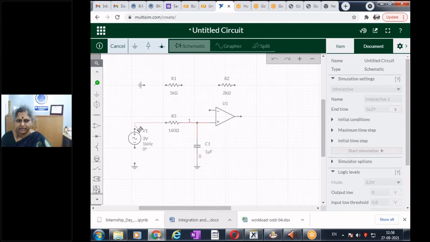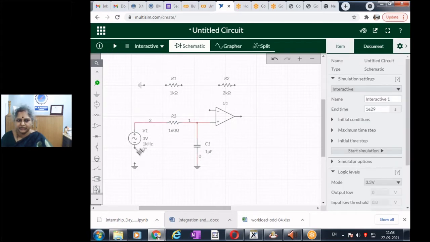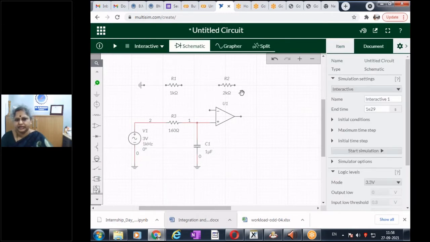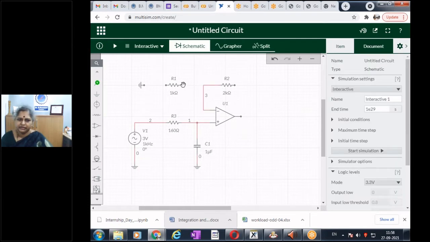I connect it to my source, and then I connect this. I have it here. And then how about my resistor? This is my gain. I take this, I do this, and then I do this.